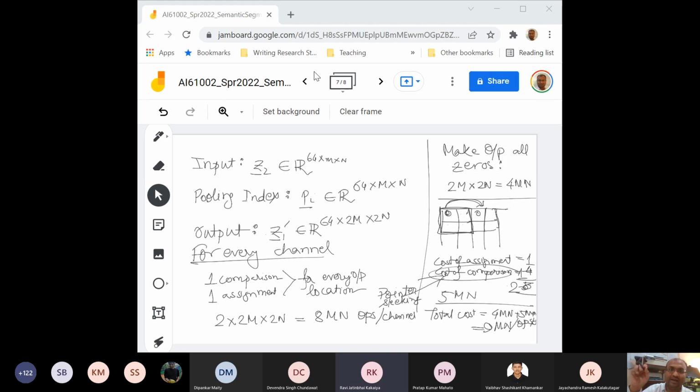Now, once I get the new address, I'm just going to do this assignment over there. That is one more cycle cost. So then I get 2 cycle costs per output location. Then this 5mn becomes 2mn, and this will become 6mn. So do you agree to this?